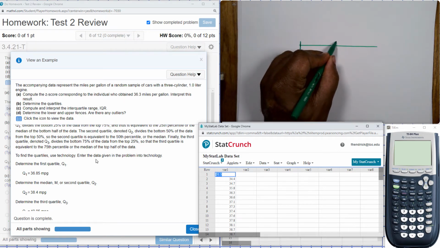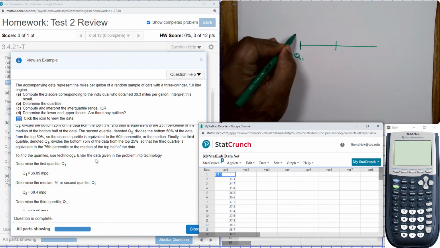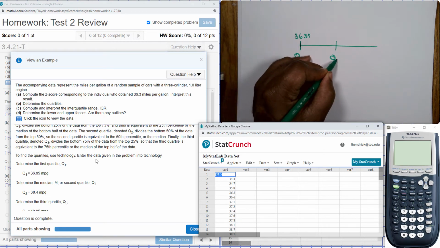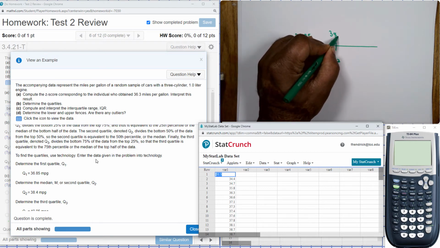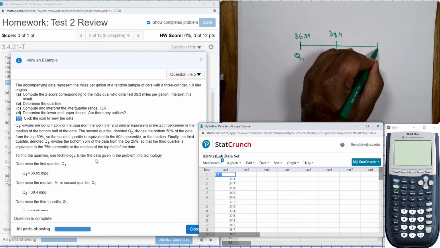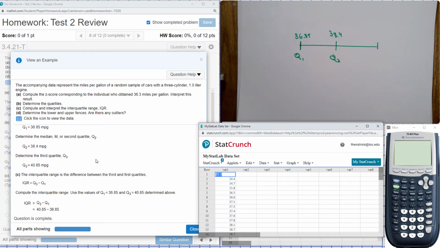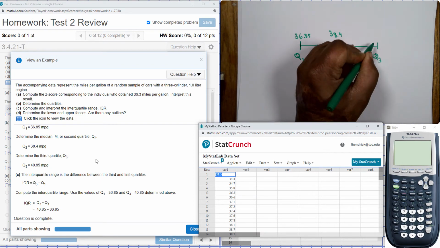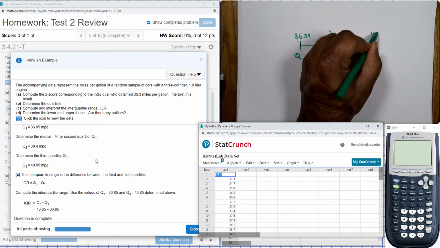Q2, it's going to be the median, which is at 38.4, and Q3 is 40.85.